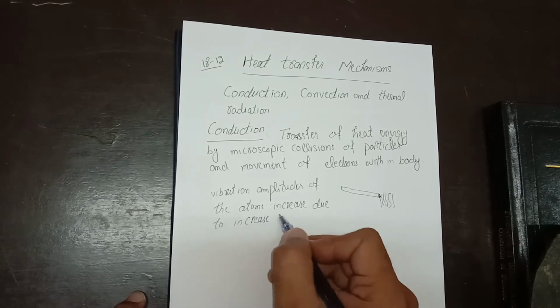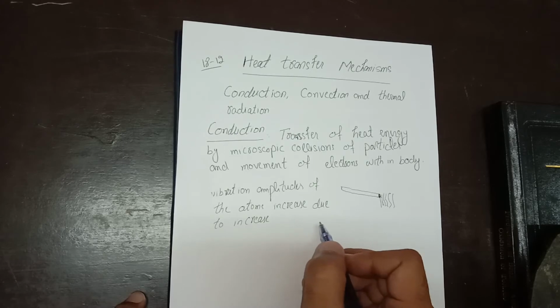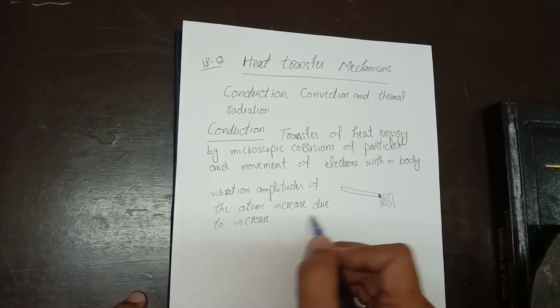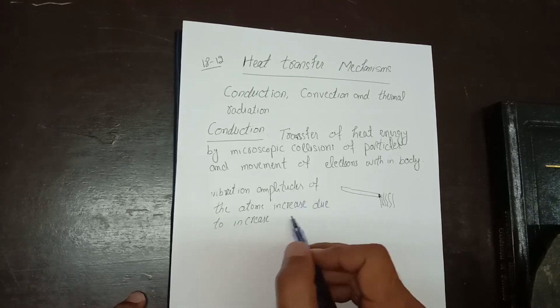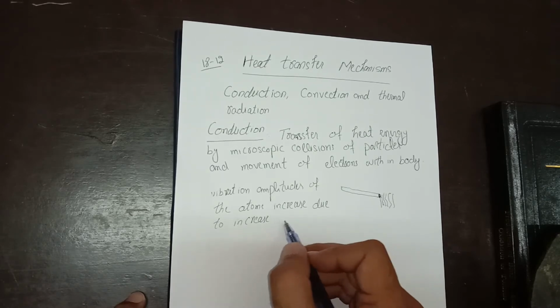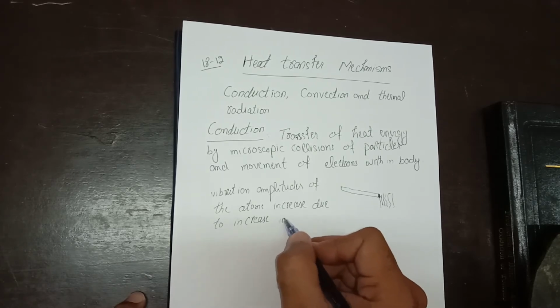In the example I have given, when that iron rod was brought near fire, its temperature increased, so the vibrational amplitude of the atoms of that rod increased, and so the energy was transferred due to increase in temperature.